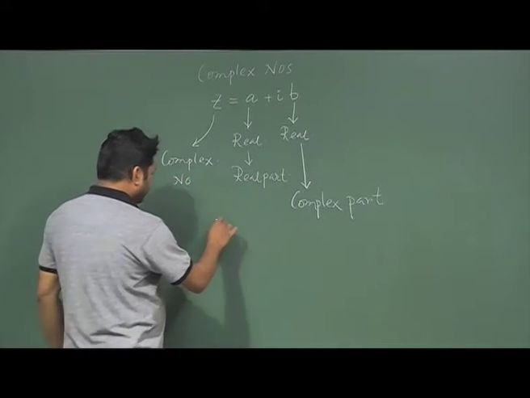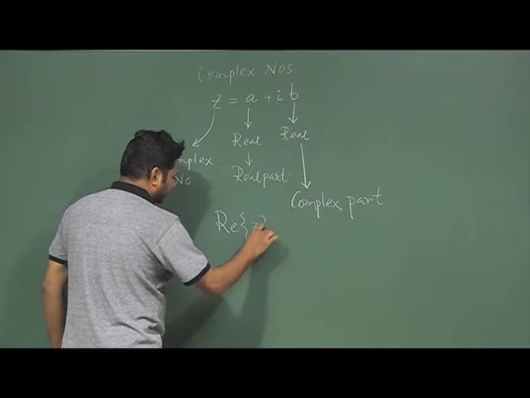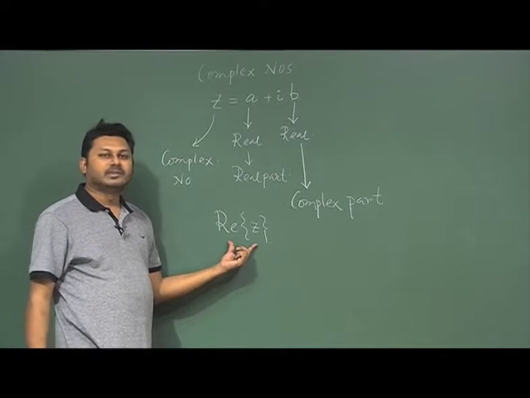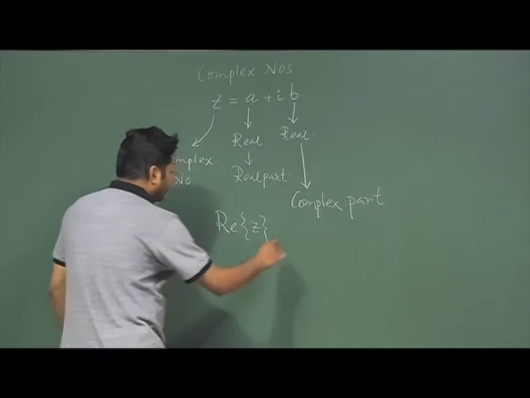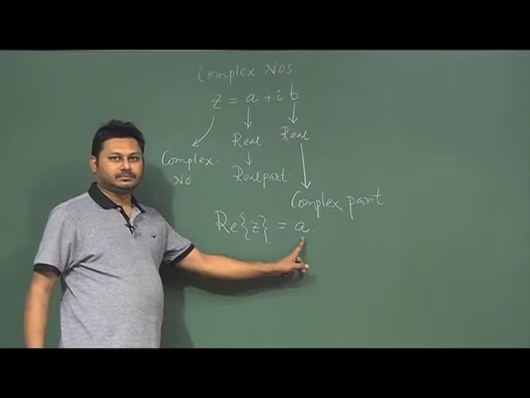Now there is a way to write the real part of z. What I try to say is that the real part of z is nothing but this value a.